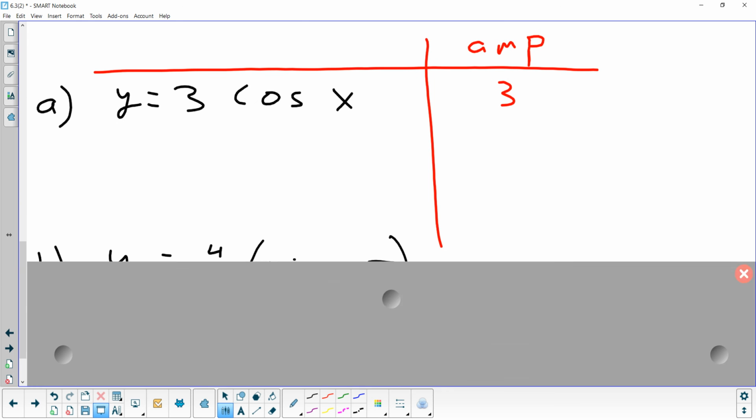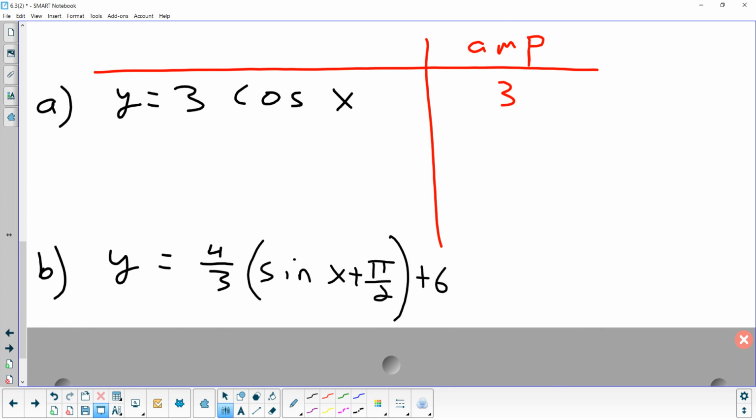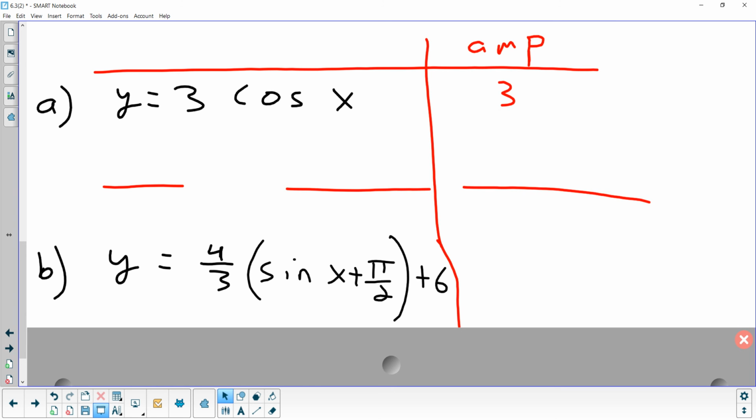All right, how about this one? 4/3 sine of (x plus pi over 2) plus 6. What would be the amplitude of that one? Yes? 4/3.